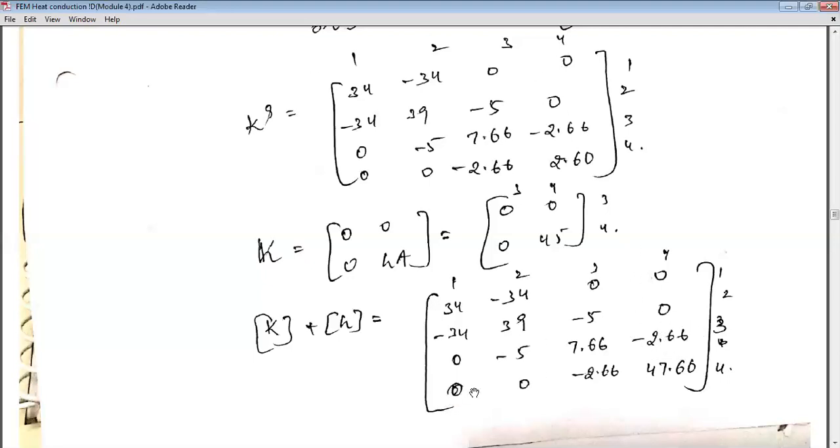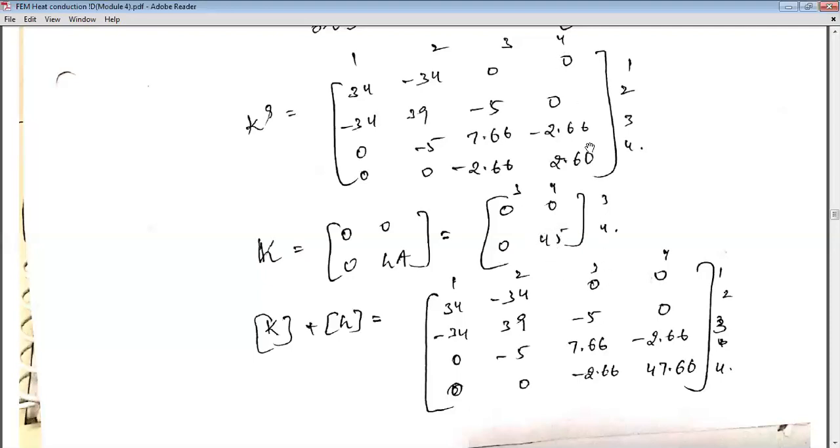Now look at the last row. 1 of 4 is 0, 2 of 4 is 0. 3 of 4, look at this, 3 of 4 again is minus 2.66, no common term. But 4 of 4 is 45, which comes from the previous expression of the convection matrix.